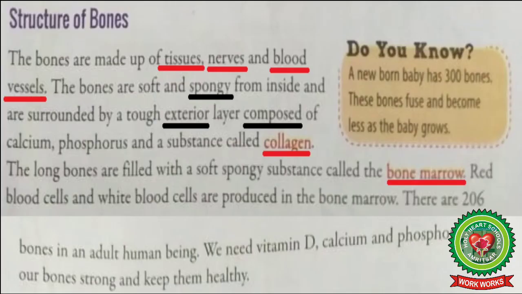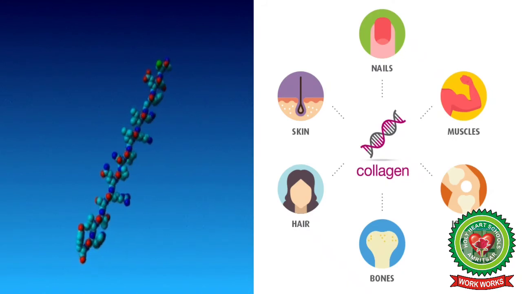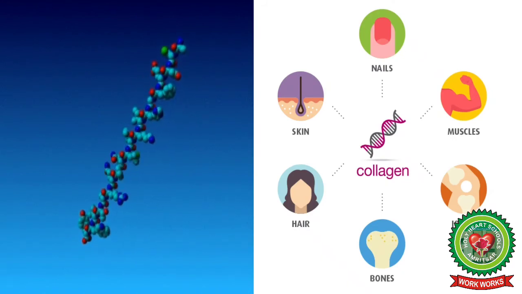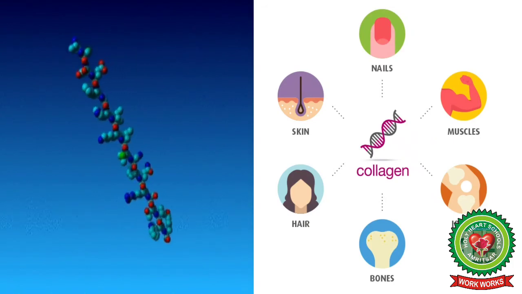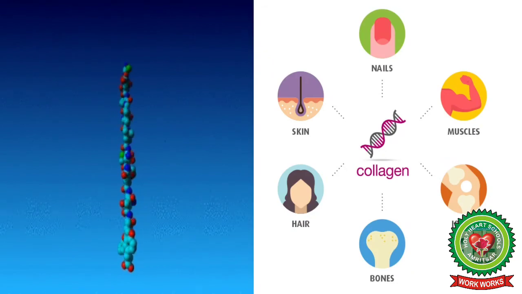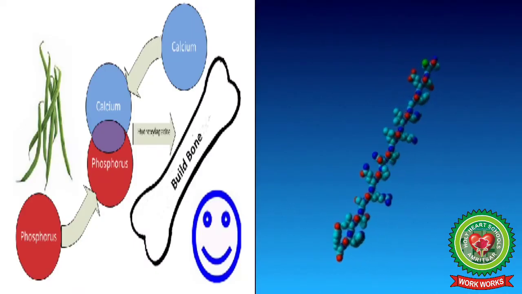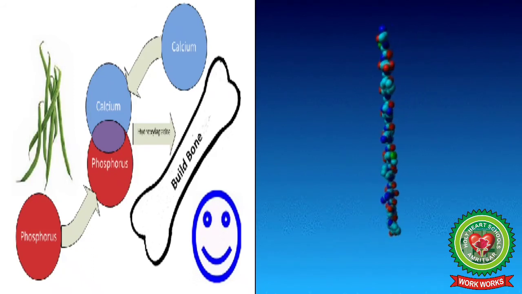Now underline the word collagen and write down its meaning: substance that covers the exterior of the bone. Students, collagen is a protein that provides structure to much of your body, including bones, skin, tendons and ligaments. So students, bones are basically made up of calcium, phosphorus and collagen.